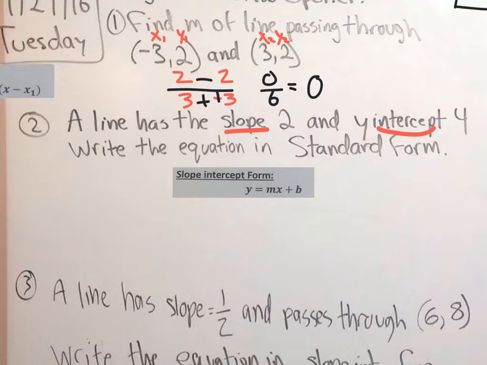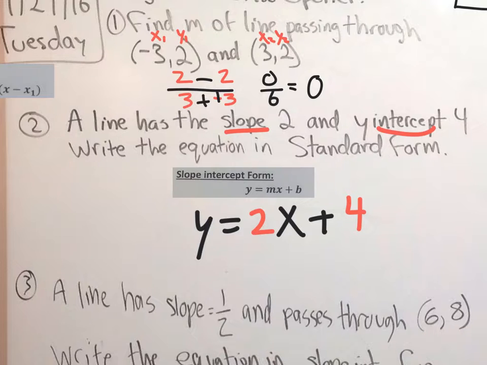We're going to focus in on slope-intercept, which is y equals mx plus b. And y equals the m they give you, that's 2, x plus b. b happens to be the y-intercept, and they give you that also, which is 4. So that's your slope-intercept form equation.